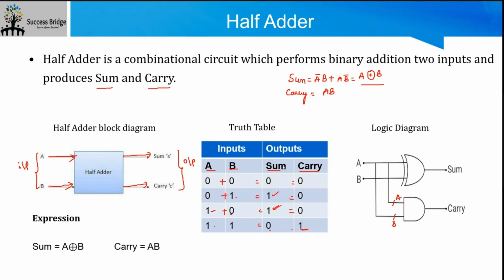For that we have A and B going to an AND gate, so that when both inputs are high, you get a carry. And you take the sum from the XOR gate output. It is a simple circuit, you just have to realize it.